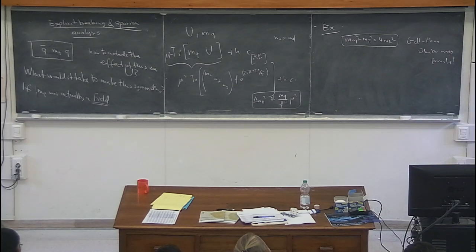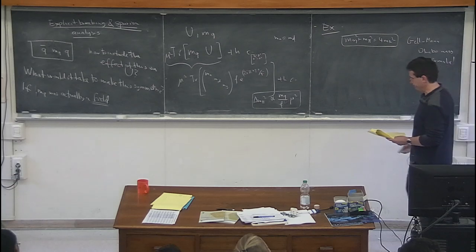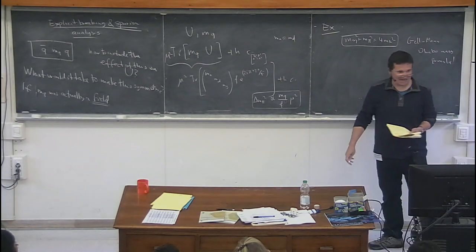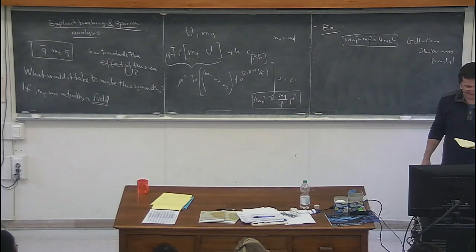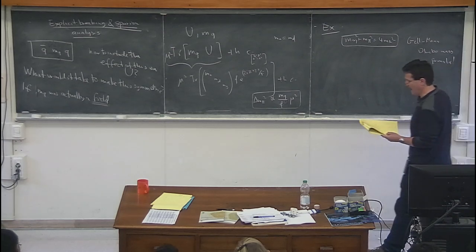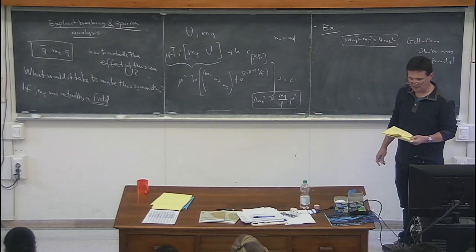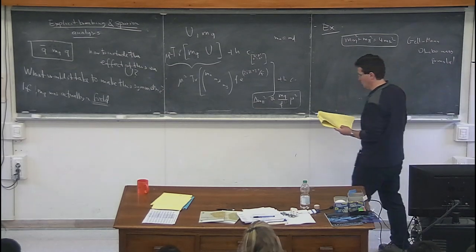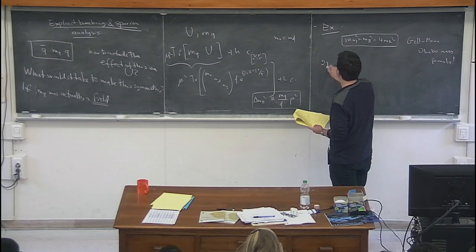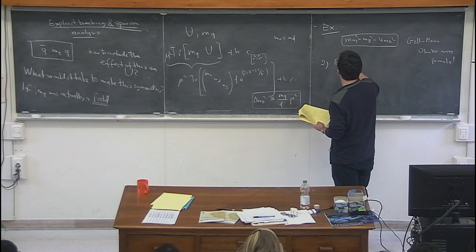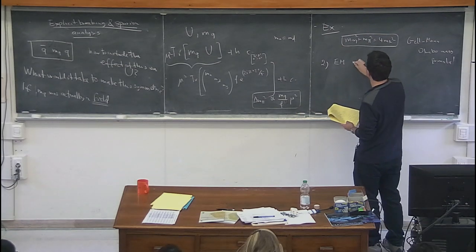It turns out in QCD there's another source for pion masses, and that's the fact that electromagnetism also gives an explicit breaking of the global symmetries. So there's a second effect. This is the electromagnetic mass splitting.